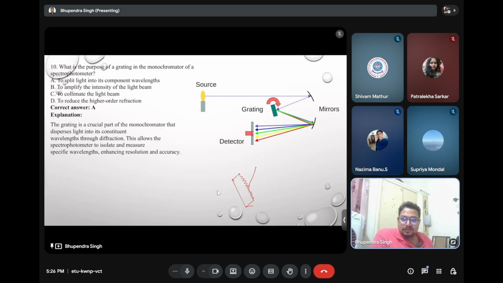what it will do is disperse the light. Let's say white light is coming, just like with a prism. Have you seen a prism?